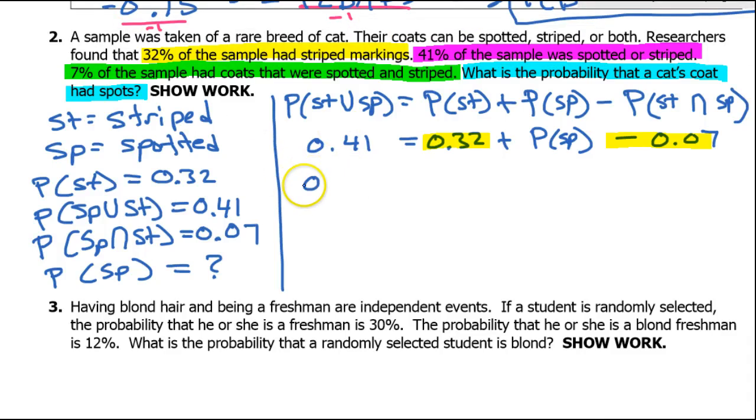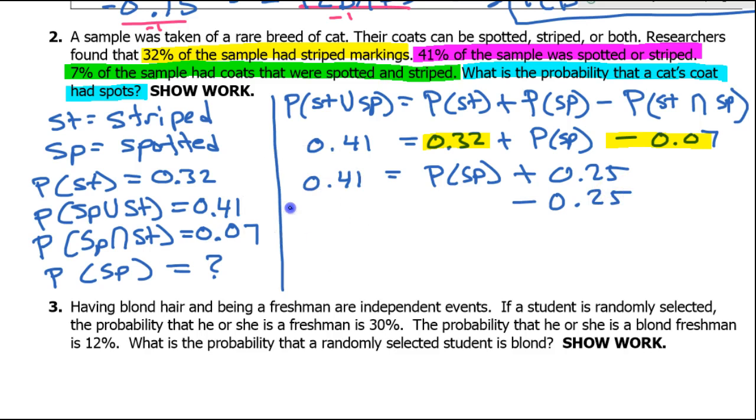So that means 0.41 is equal to probability of spotted plus 0.25. Okay, that's the combo of the two ones I just highlighted. So to get the probability of spotted by itself, I need to subtract 0.25 from both sides.